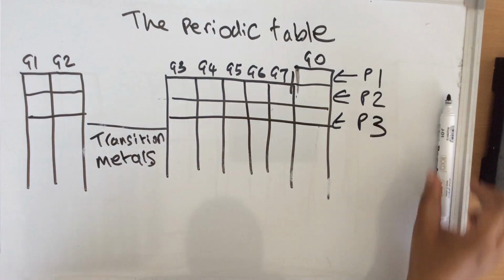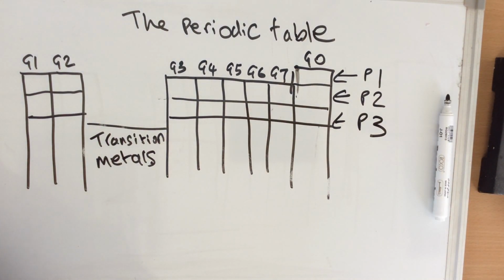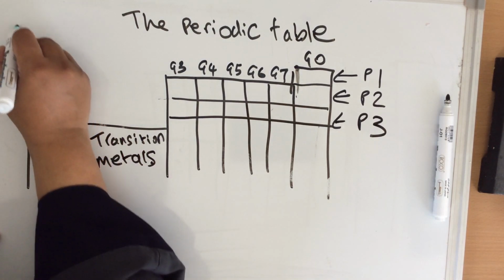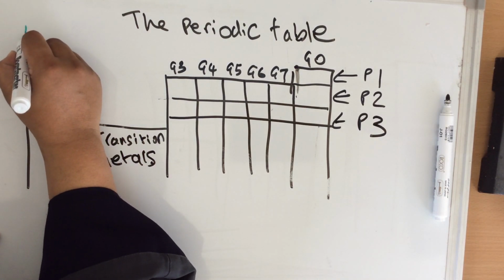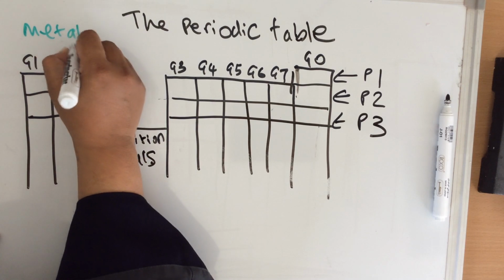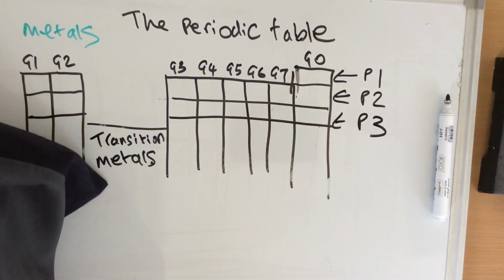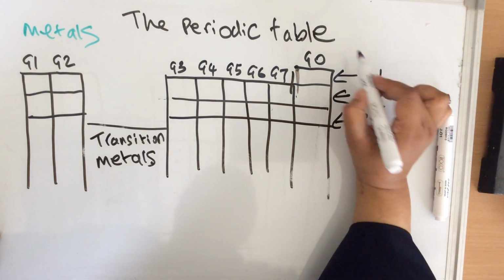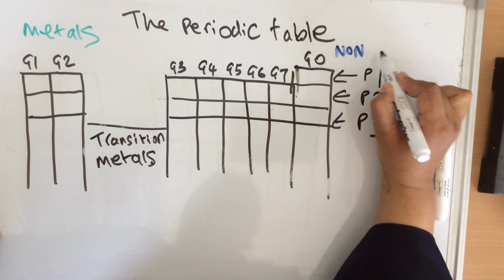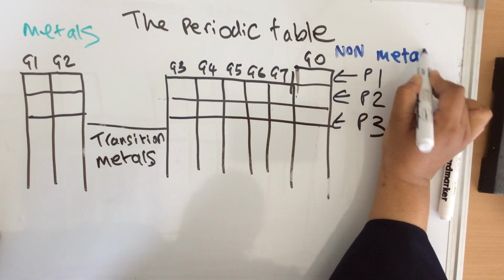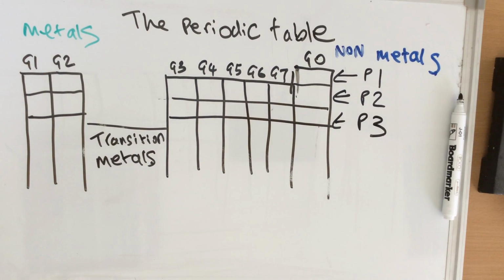The next thing I'm going to show you is that on the left-hand side of the periodic table, you always have your metals. On the right-hand side, you have your non-metals. And then you've got names of certain elements.